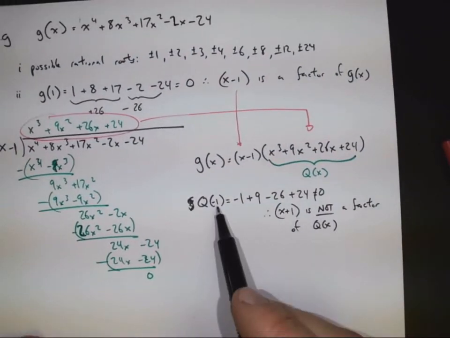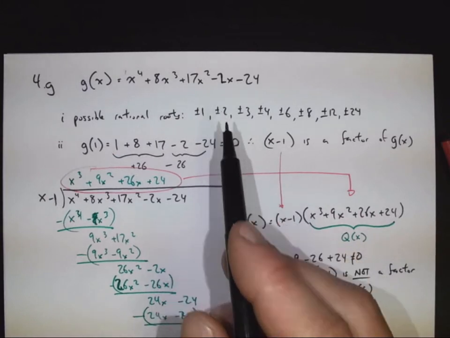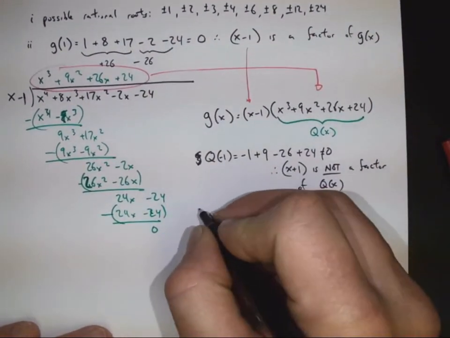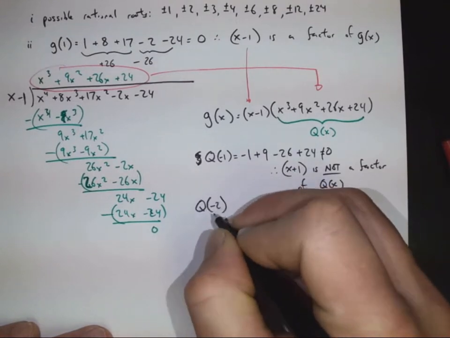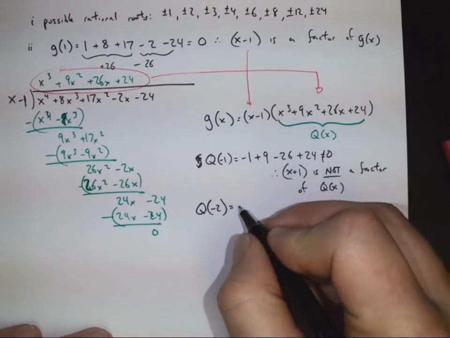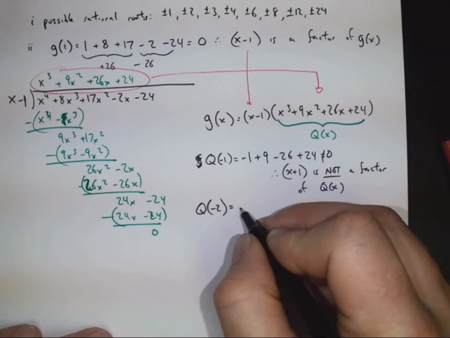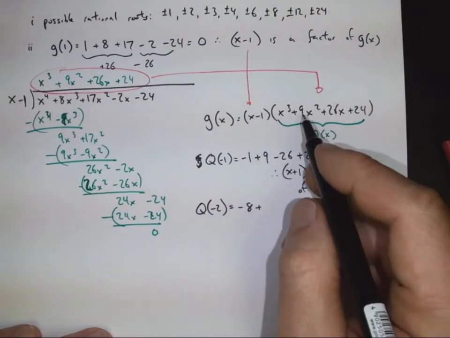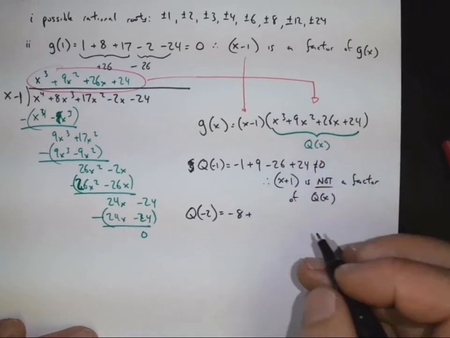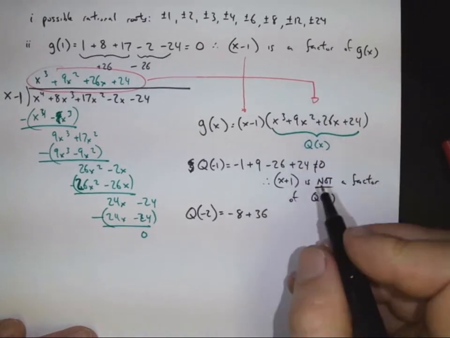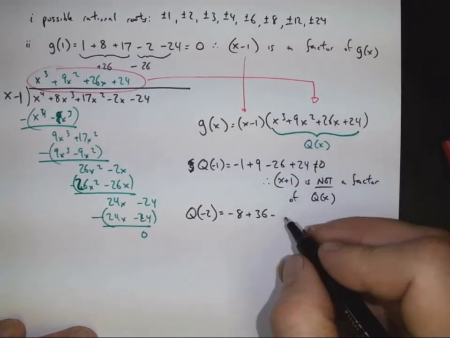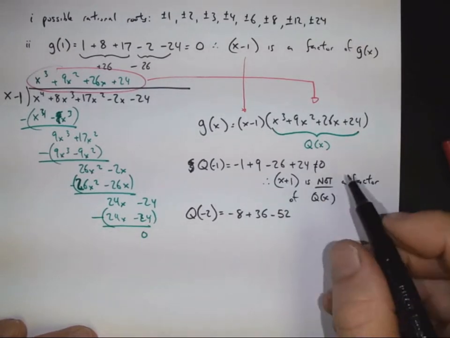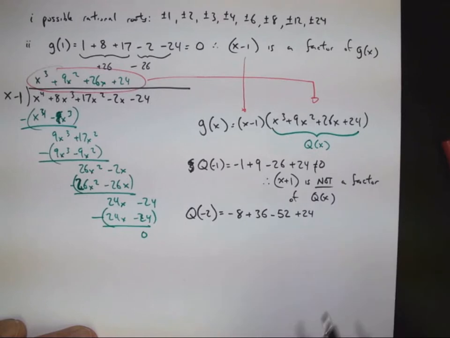Okay. So I'll move on, and then I'll try negative 2 next. Again, I need a negative somewhere in this expression to get down to 0, so no point trying positive numbers. So a negative 2 cubed is negative 8, plus 9 times 4, that's 36, minus 2 26s, that's half of a deck of cards, so 2 of it is a full deck of cards, 52, plus 24.